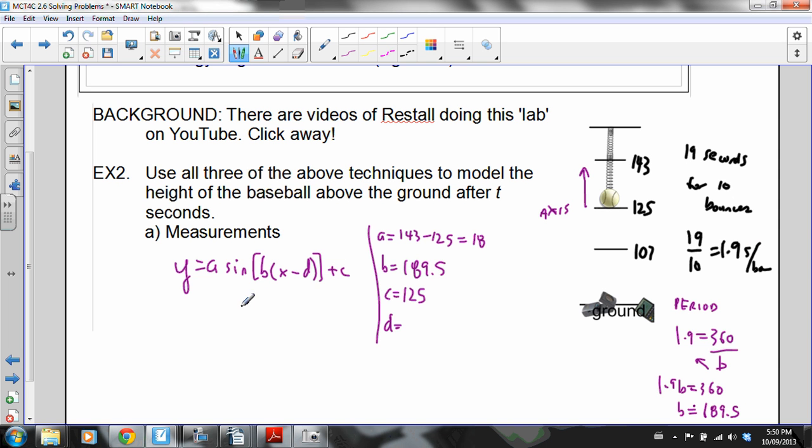And that's about everything. The only weird thing is this D. What was the phase shift? Well, where did the ball start in its cycle? I wasn't even paying attention, and in fact the phase shift doesn't really matter.